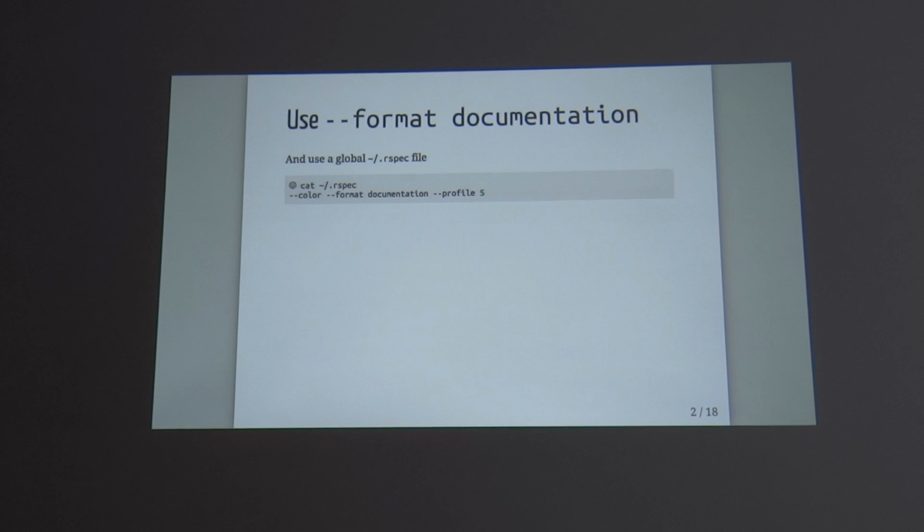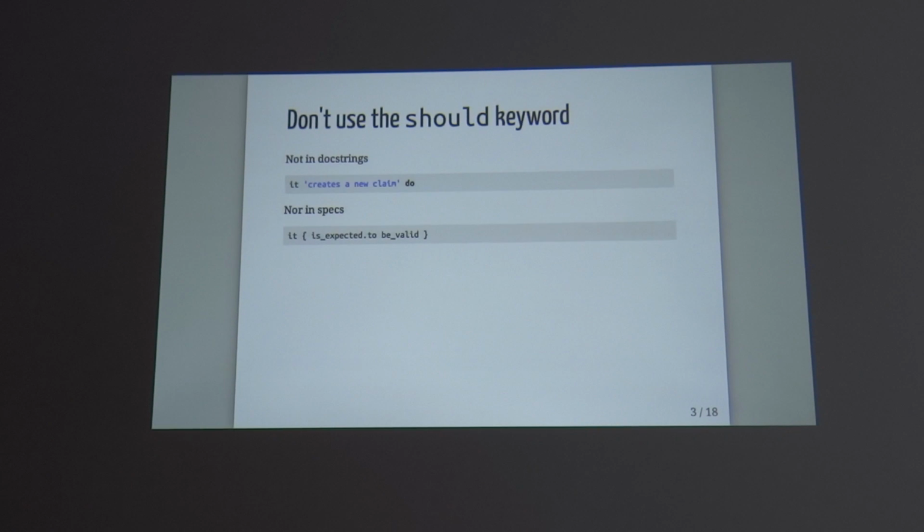You don't have to necessarily read the spec if the docstrings are good. So this is my global .rspec file. I use color, I also use profile 5, so that the output of profiling is a little bit smaller, since the default is 10, I think. So I recommend using format documentation.